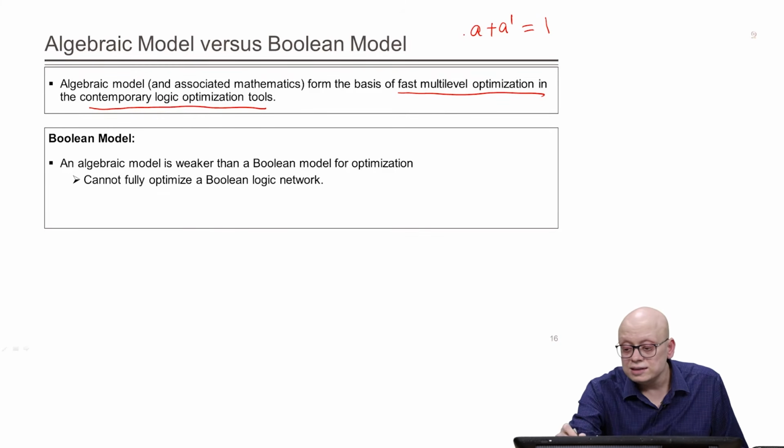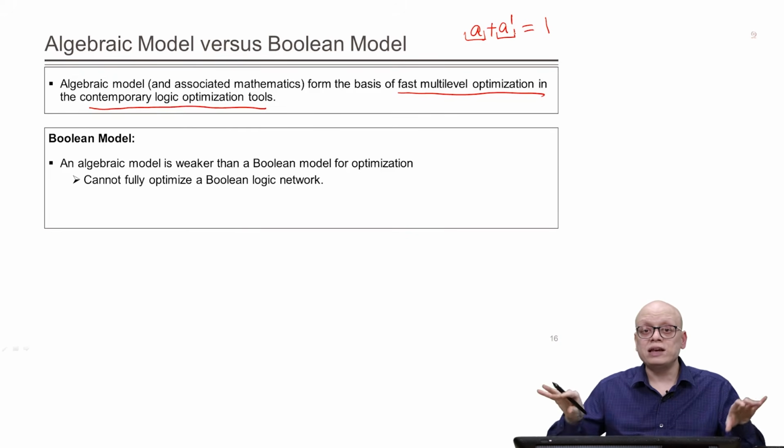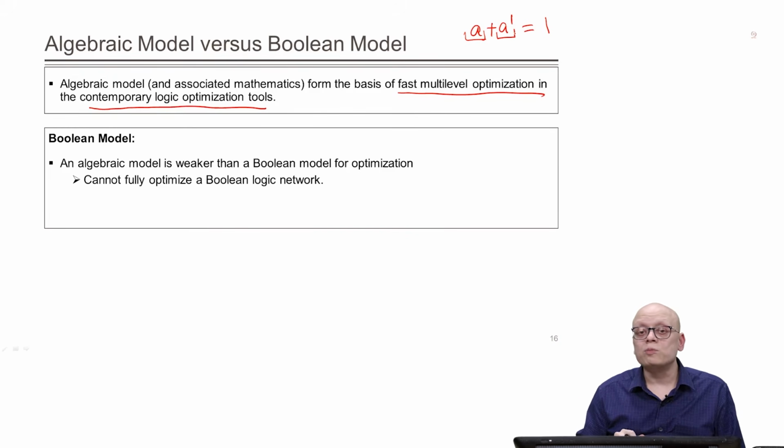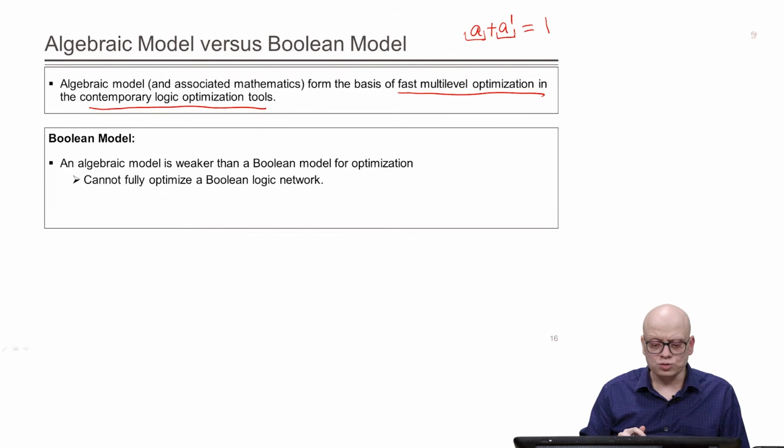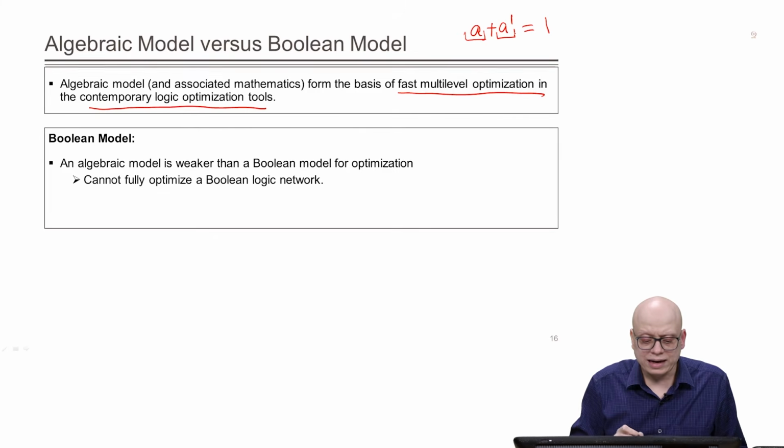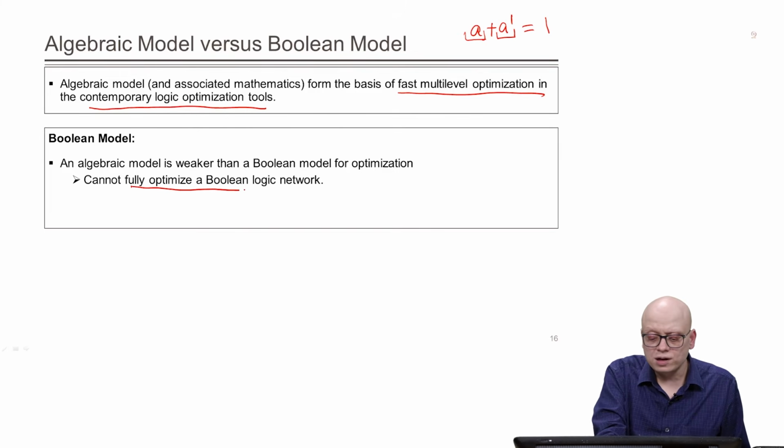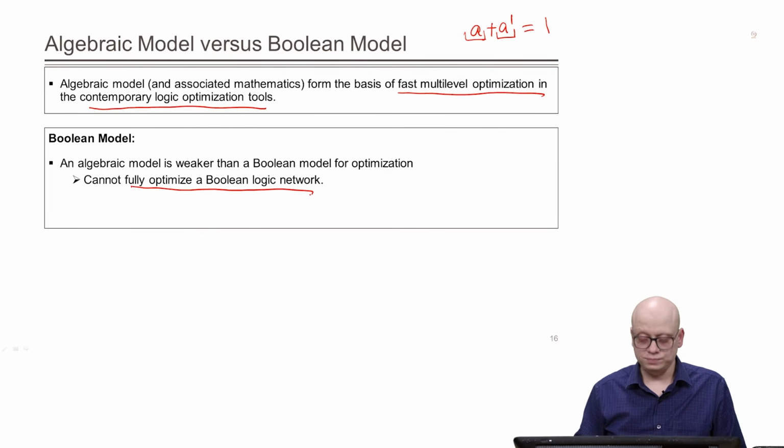Why? Because the variable and its complement are treated as separate variables. So, an algebraic model cannot fully optimize a Boolean logic network.